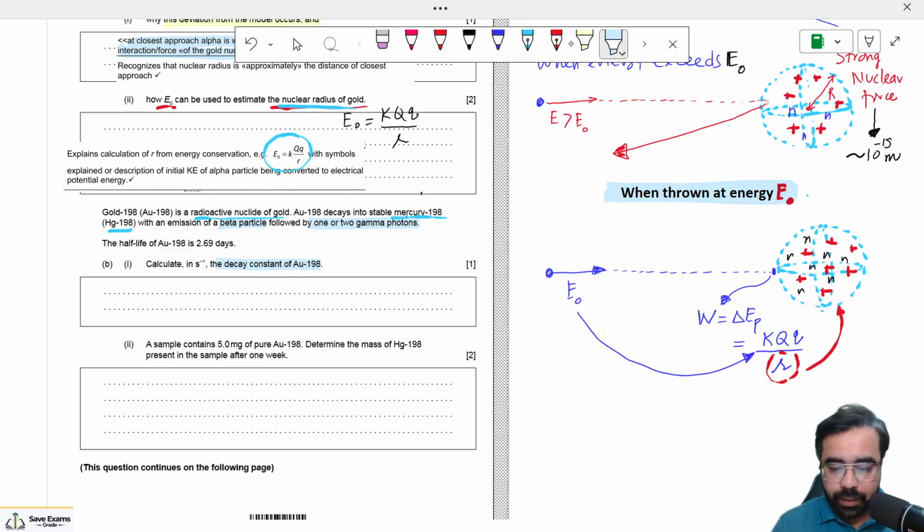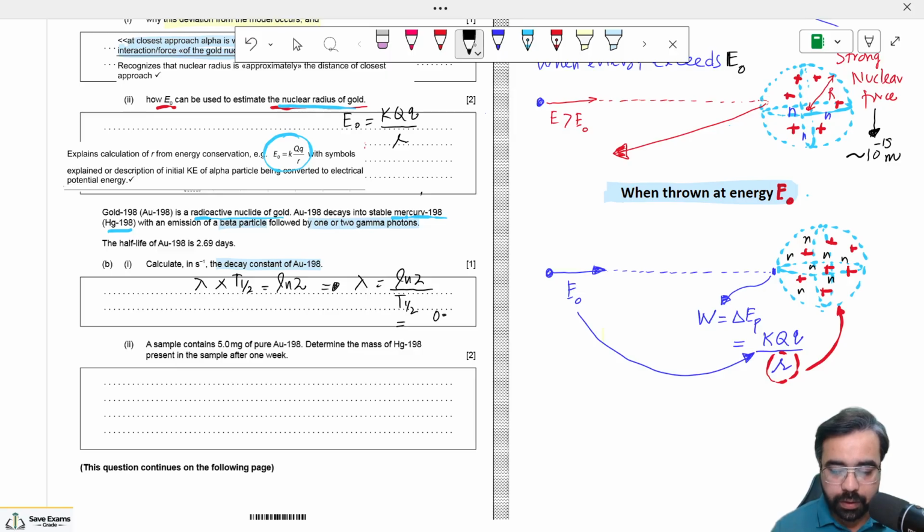We can find the decay constant: lambda times half life is equal to the natural log of 2, right? So you can find the decay constant if you divide by the half life. The half life is 2.69 days, which you should convert into seconds.